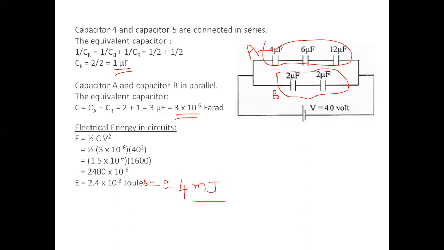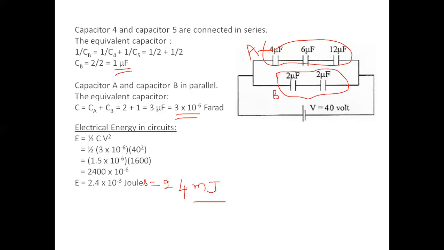So in this, we have taken three different problems. In one case we have taken which of the circuits has more resistance. The second problem we have taken, which circuit has more current. And in this problem, we have taken how to find the electrical energy in the entire capacitor circuit.